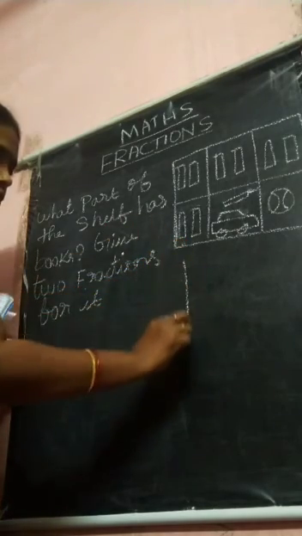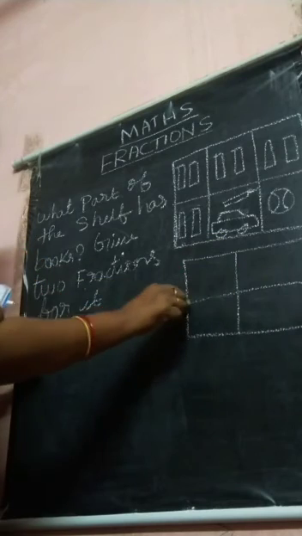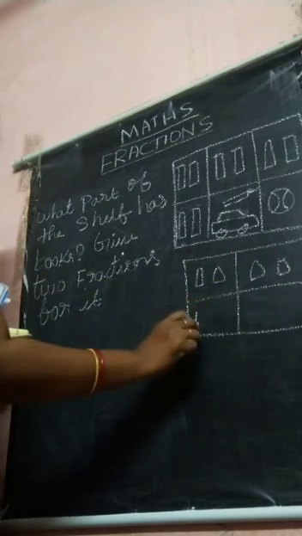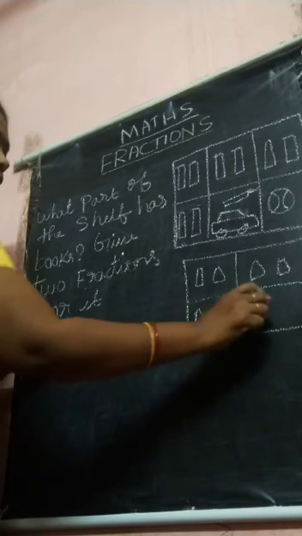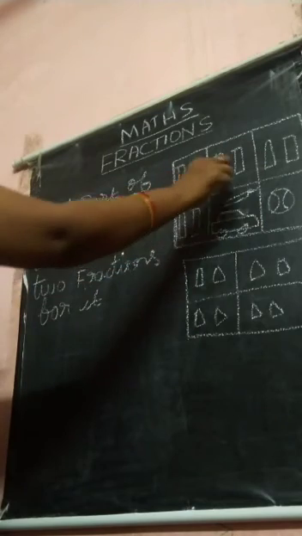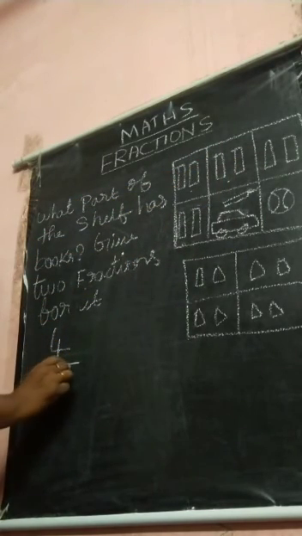You take and draw only the bookshelves. How many shelves have books? 4 out of 6. One fraction is 4 shelves out of 6.